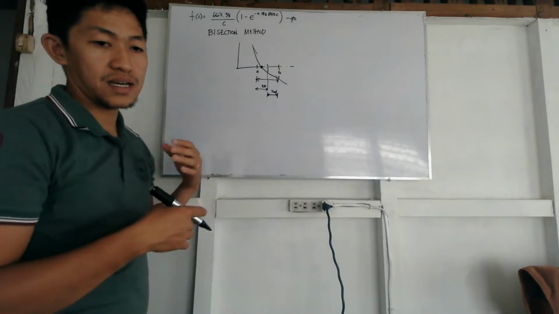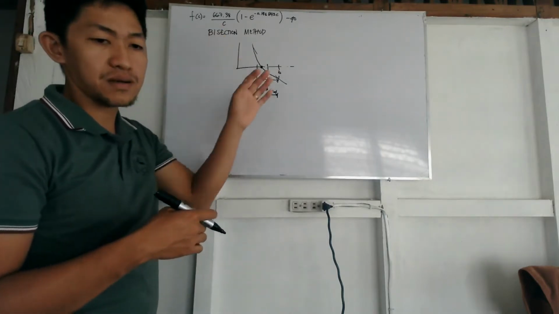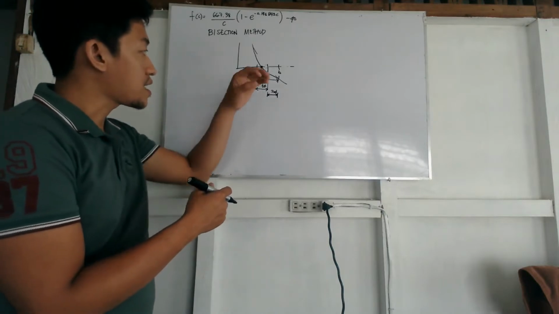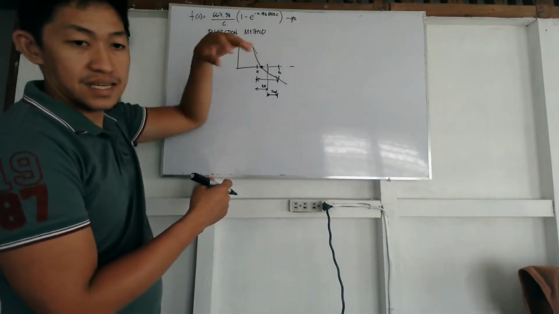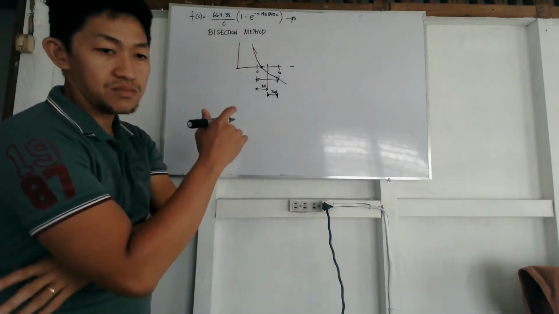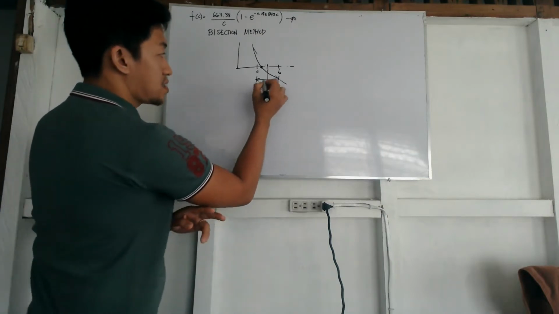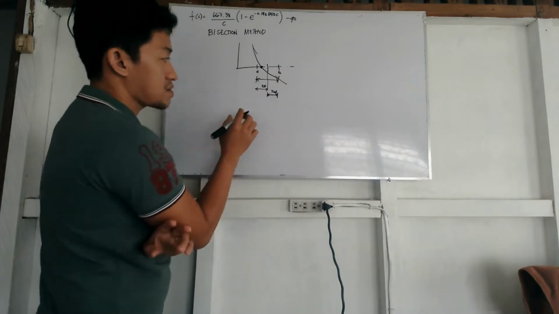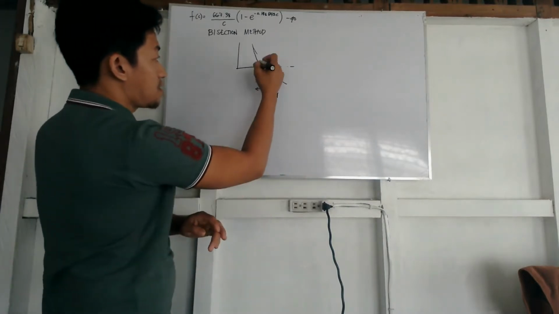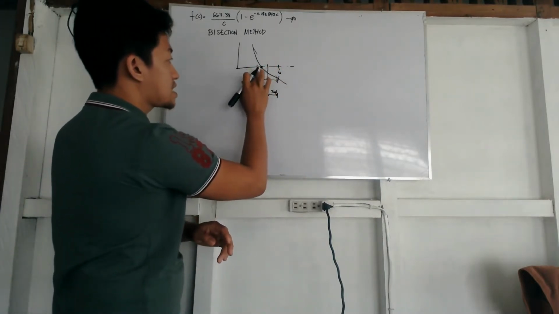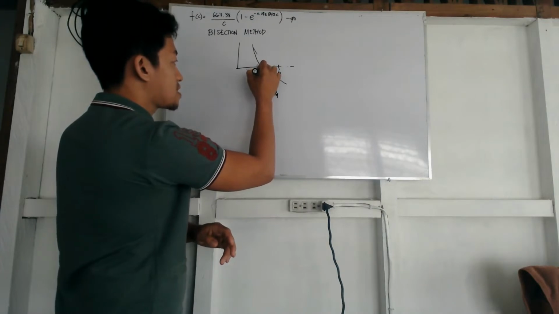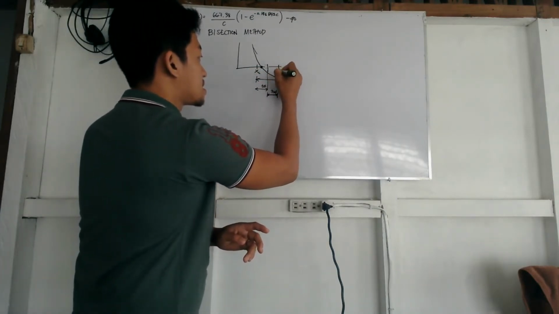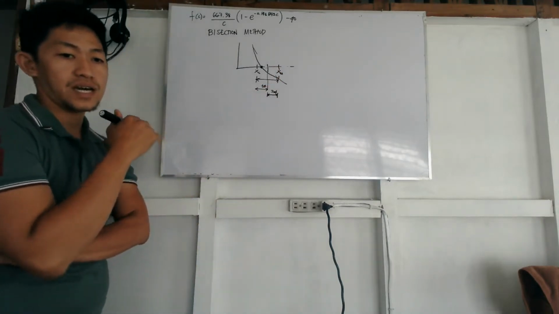But in the bisection method, we will not use the graphical method. So in order for you to know that the root belongs to the first interval, you check it. Okay, so this will be your lower bound, XL, and this will be your upper bound, XU.